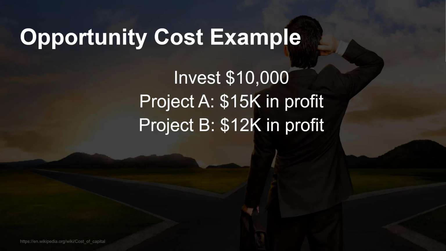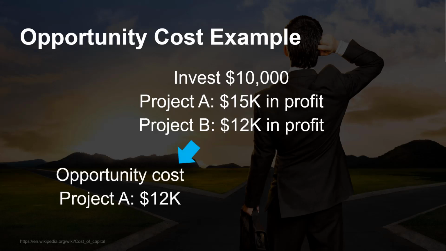But since in our example you can only do one, you are missing out on the other opportunity. In other words, if you go with Project A, you are missing out on Project B. And if you go with Project B, well, you're missing out on Project A. So, if we consider the opportunity cost of each choice, the opportunity cost for choosing Project A is the $12,000 you would have made with Project B.